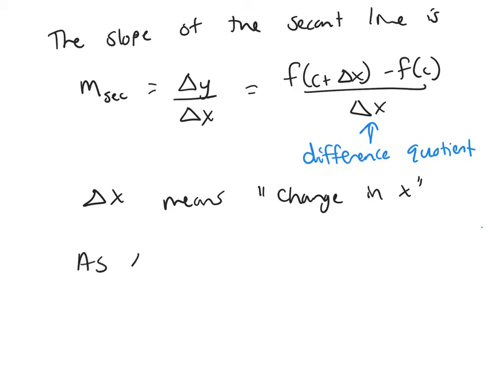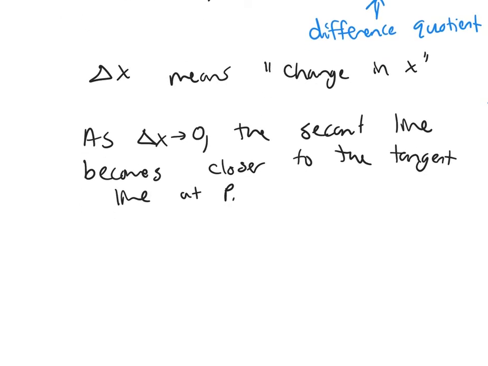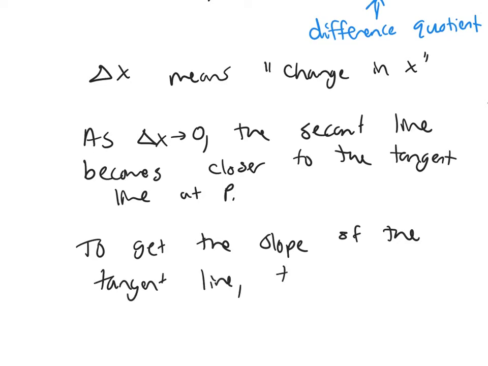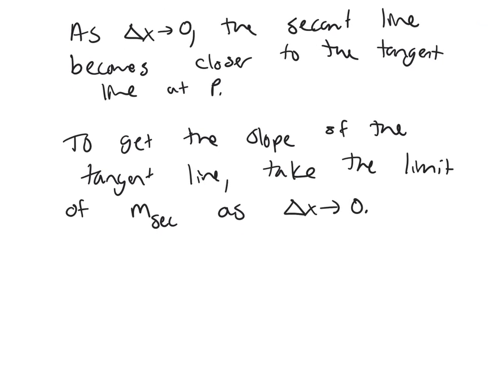So as delta x goes to 0, what's happening is the secant line becomes closer to the tangent line at P. So to get the slope of the tangent line, we're going to take the limit of the slope of our secant line, which was m sec, as delta x goes to 0. And that's how we're going to find the slope of the tangent line.